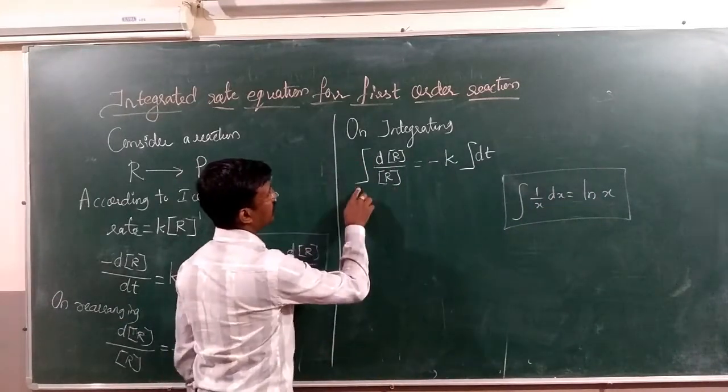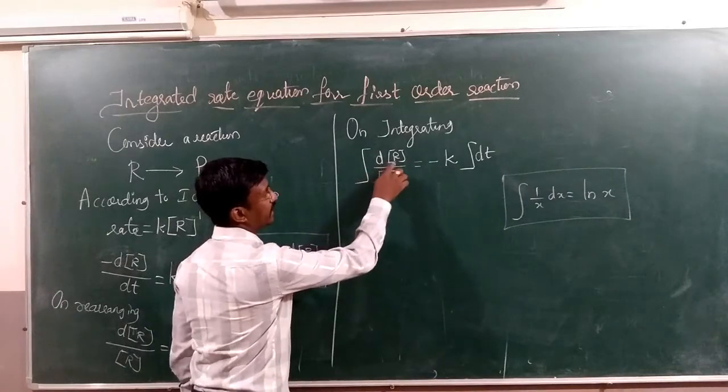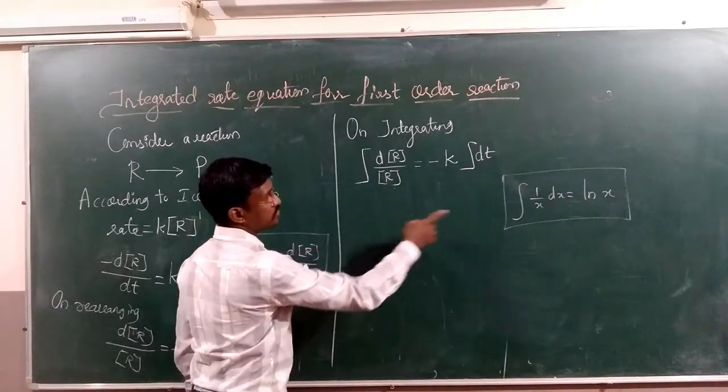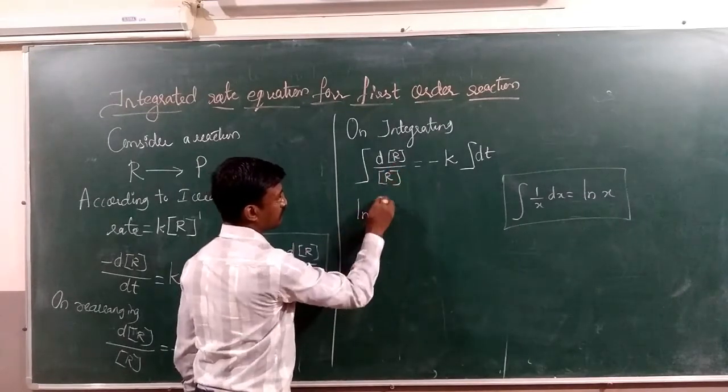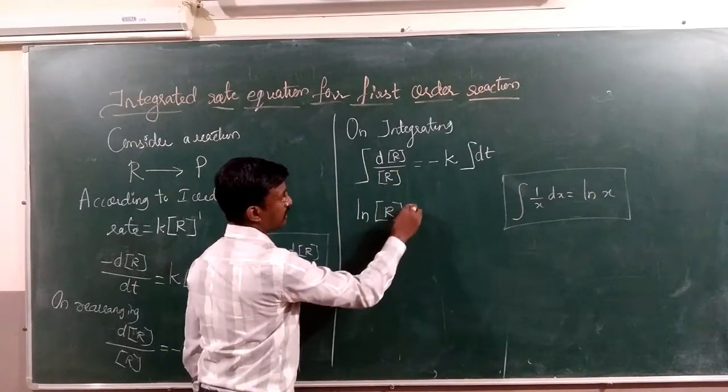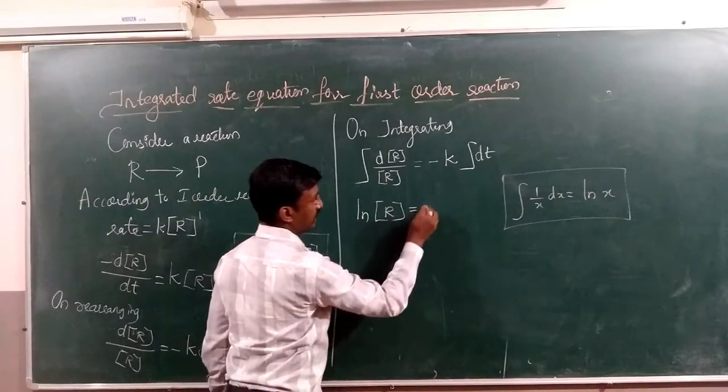Here the integration of 1 by R into dR is the same expression, with R instead of x. That's why we are writing it as ln R is equal to minus K as it is.